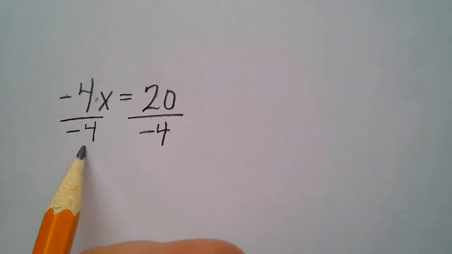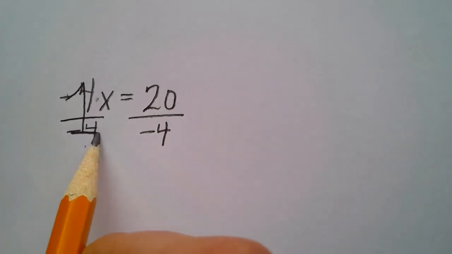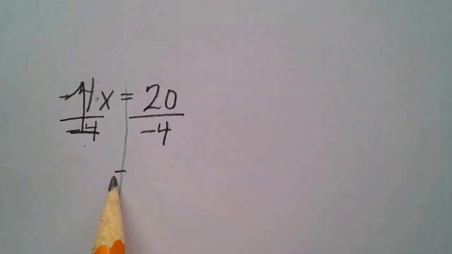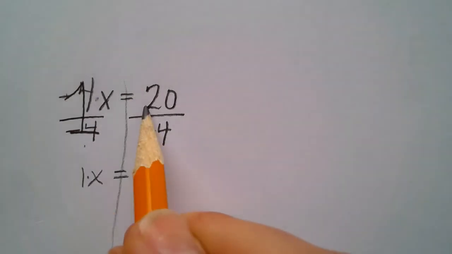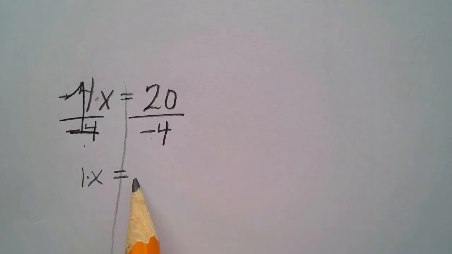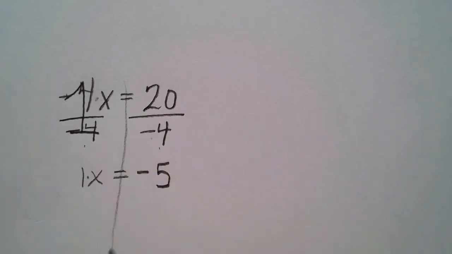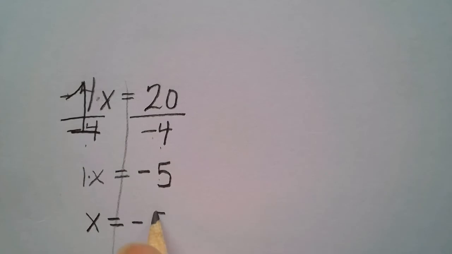Okay, negative 4 divided by negative 4 is 1. So over here on the left, we have 1 times x equals positive 20 divided by negative 4. That's negative 5. So we have x equals negative 5.